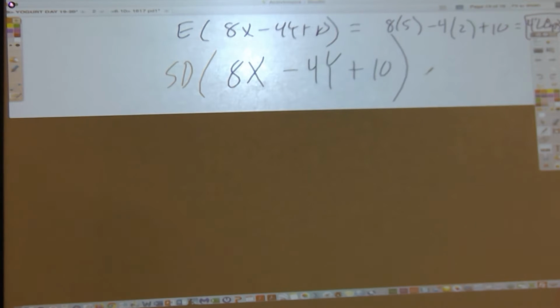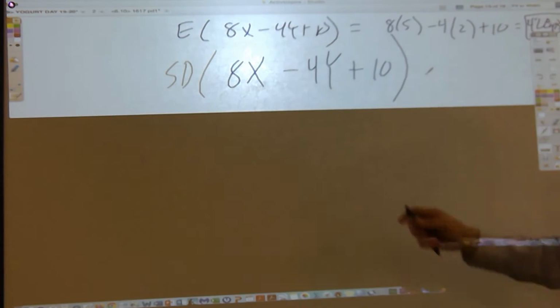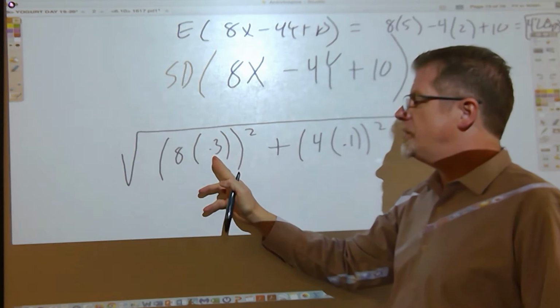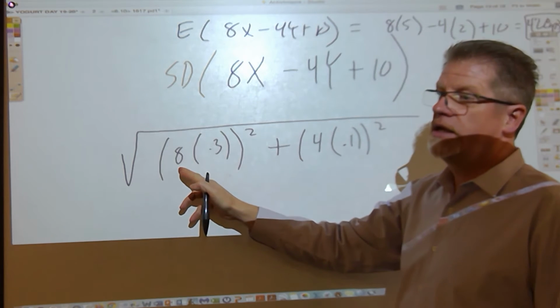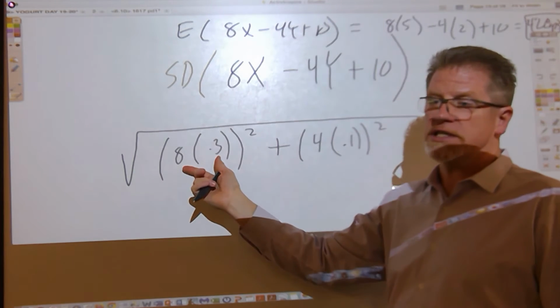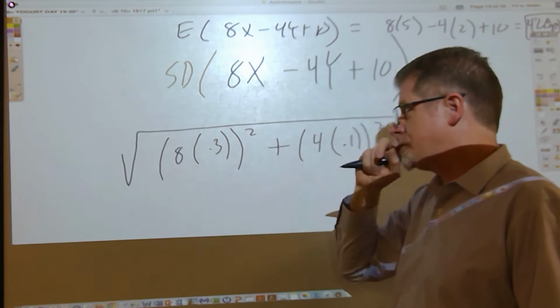Now, friends, what's going on is that addition has no effect on standard deviation, but multiplication does. Therefore, you multiply the standard deviation of x, which is 0.3, by 8. So now 8x has a bigger standard deviation because it's been yogurtized. It's been multiplied by a factor of 8. Then we square it.